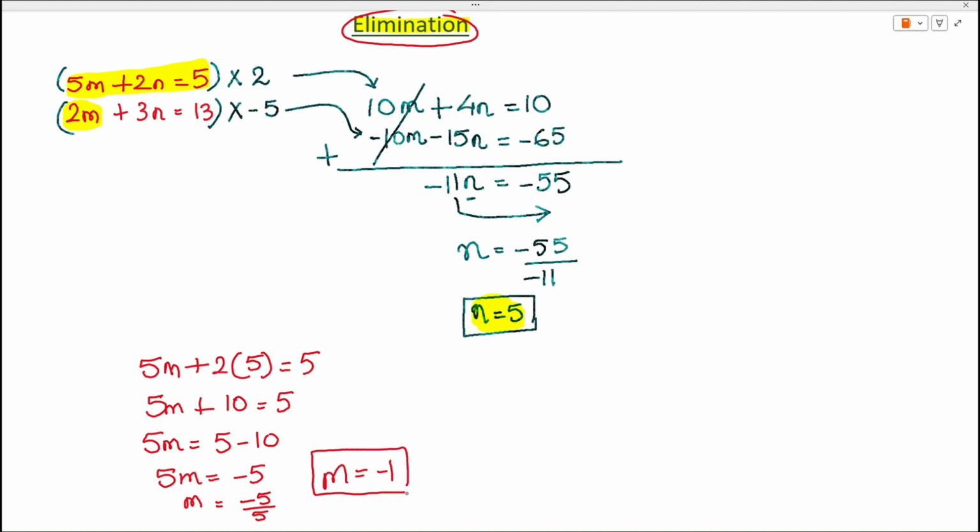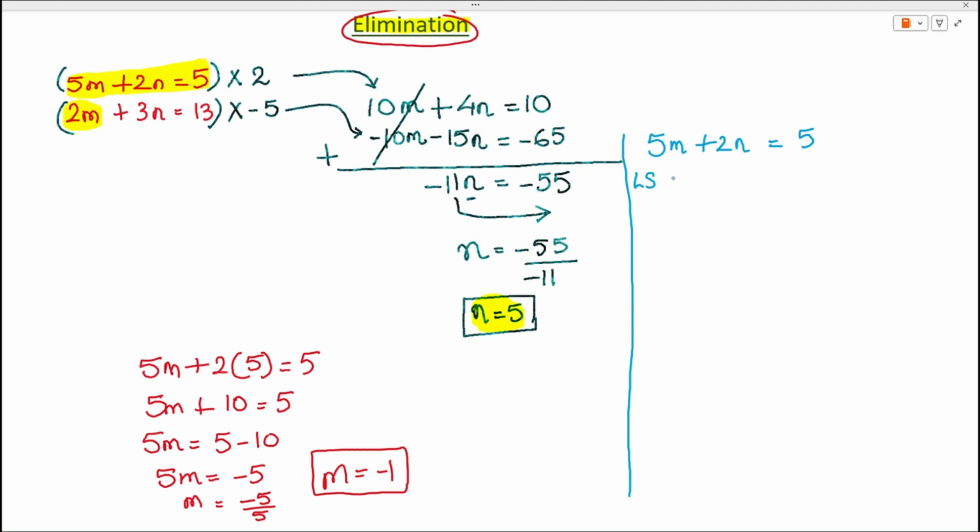Now let us also see if our solution is correct or not. In order to do that, we are going to make a check. So first we are making a check for equation number 1, which is 5m plus 2n is equal to 5. For this, on the left hand side, we are going to substitute the value of m and n.